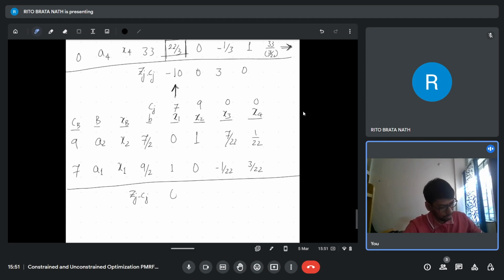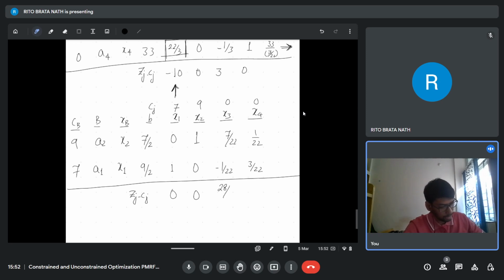So this will be 0, this will be 0, this will be 63 by 22 minus 7 by 22, so that's 56 by 22, which is 28 by 11.